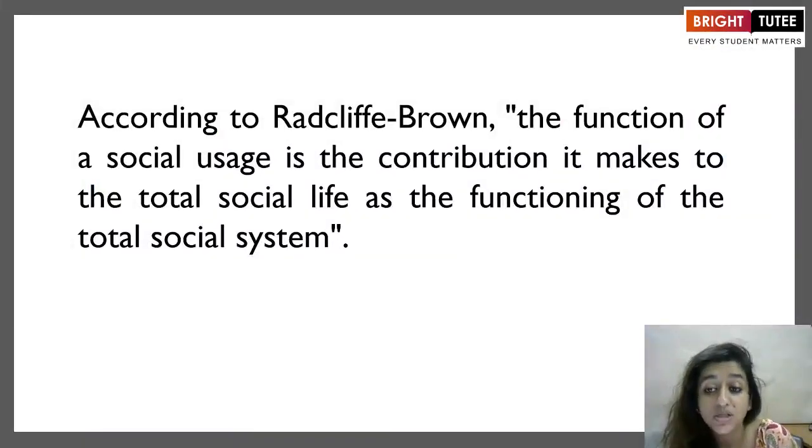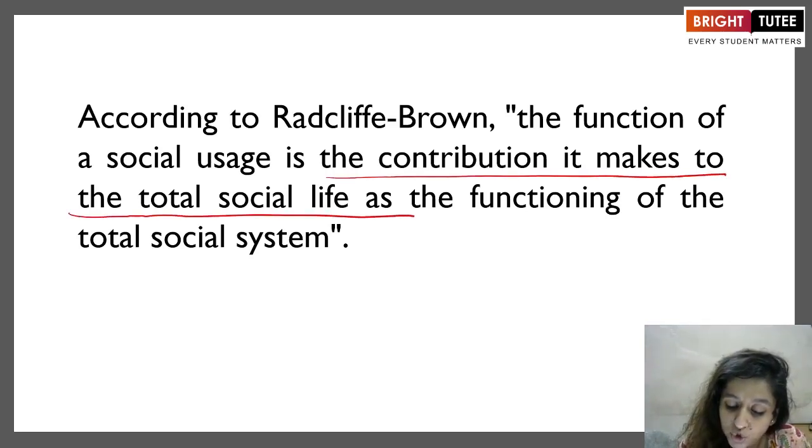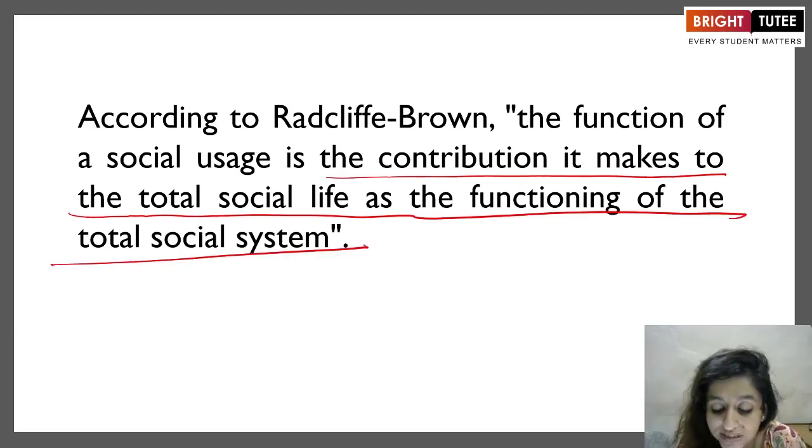Moving to what our sociologists have said about social functions, you have Brown, who says that the function of a social usage is the contribution it makes to the total social life as the functioning of the social system.